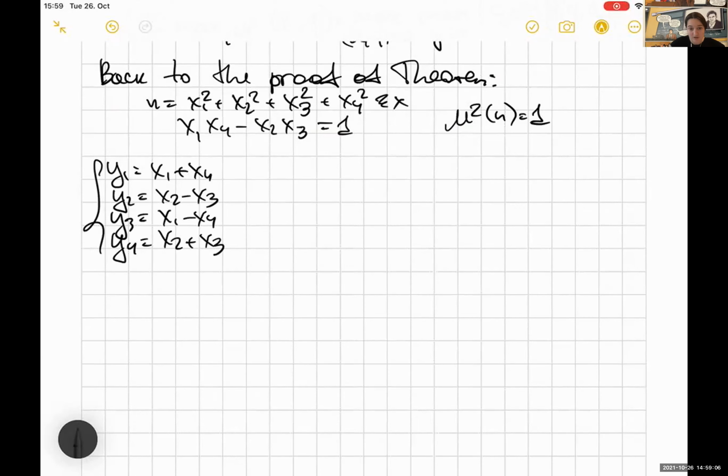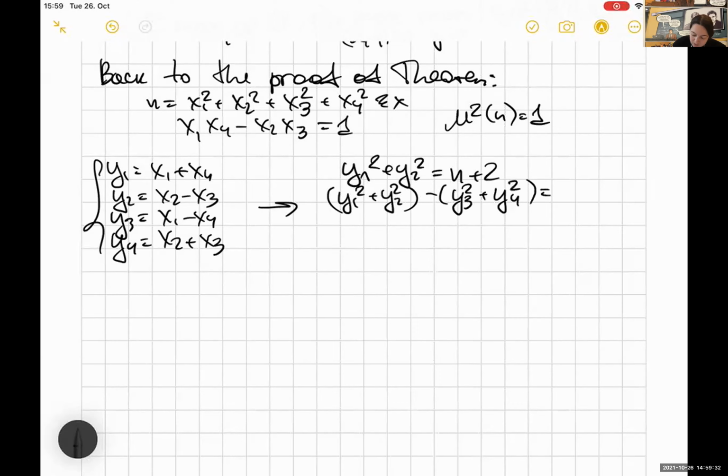Okay, so when we rewrite the condition that n is equal to the sum of 4 squares in y's, we get that y1 square plus y2 square is equal to n plus 2, and y3 square plus y4 square is equal to n minus 2, with mu square of n equal to 1.